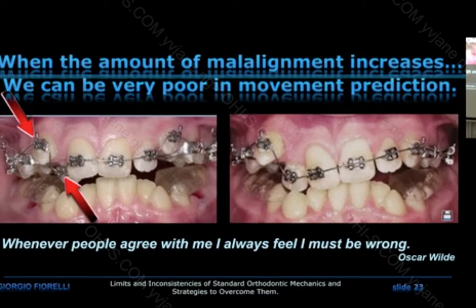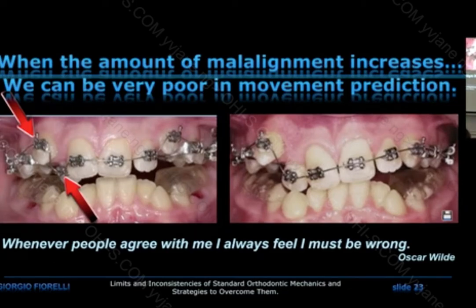And if there is absolute impossibility of the wire sliding, this works as an expansion loop. So the canine is going out, and the lateral is going exactly in the opposite direction as we would have liked to happen. But the problem is that it's so hard to predict whether a binding phenomenon is going to happen. So I can tell you afterwards, yes, that was a binding phenomenon.